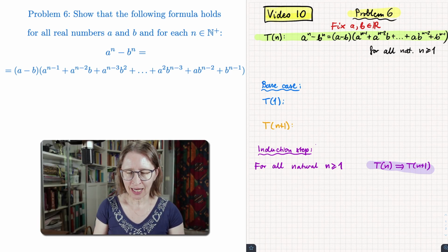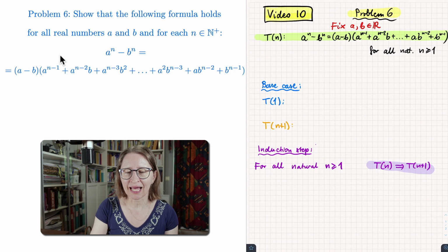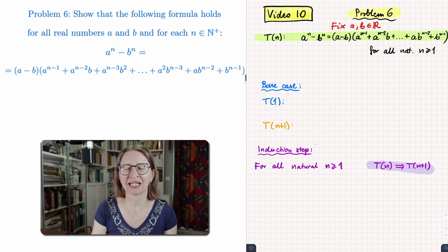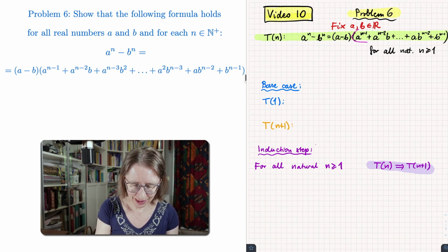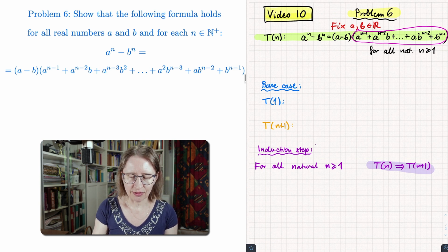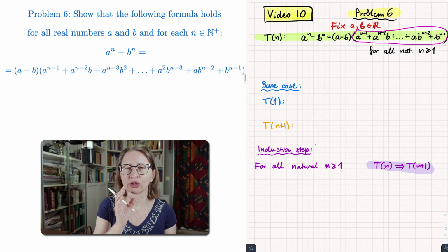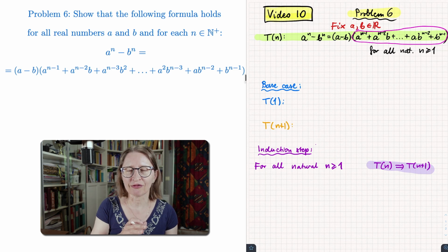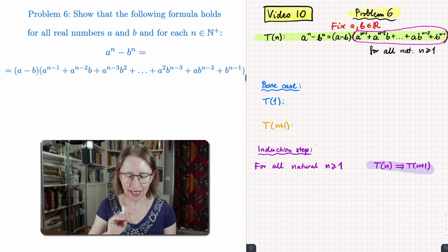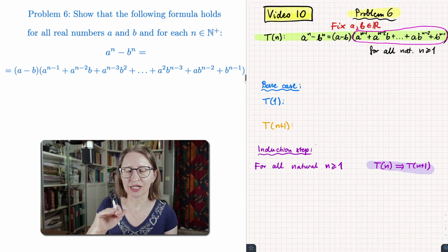And here, in order to understand what is happening in this parenthesis, it is most practical to write it down with a sigma notation. So what is happening here actually? You see that in this parenthesis we have some products of a times b, and a or b are in some power. First we have a to n minus 1, and then in the next term the exponent at a is decreasing and the exponent at b is increasing.